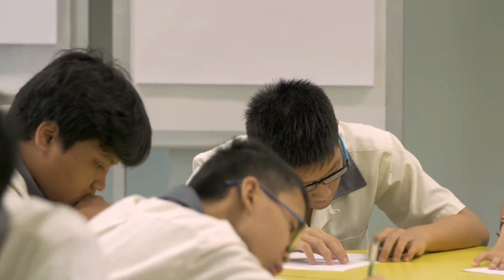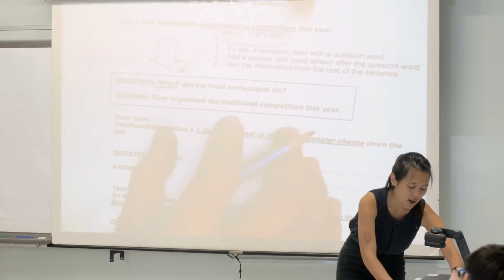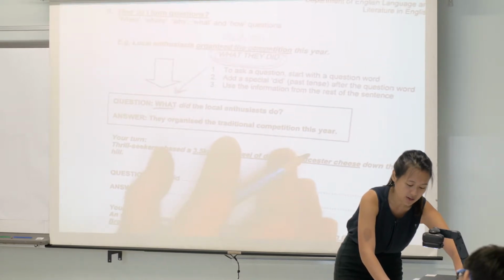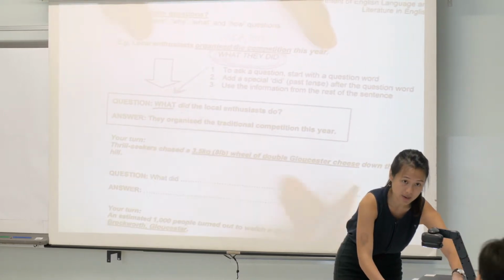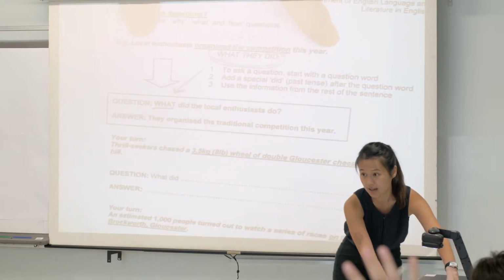And then I have to form my question using this structure. What did the local enthusiasts do? So I take out the information that I want them to give me, which is about organizing the competition, and then I structure my question this way by starting with the question word and adding a did after that. Okay?